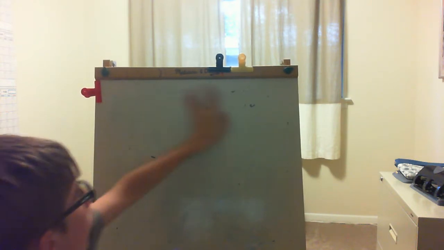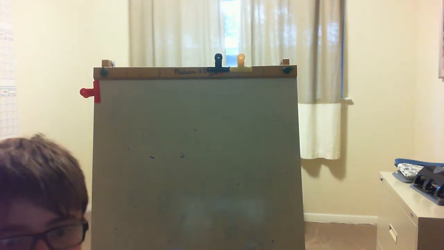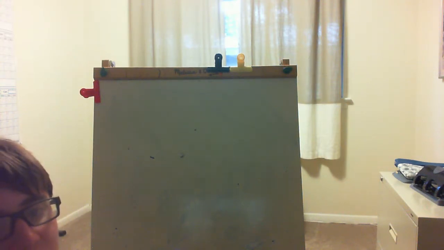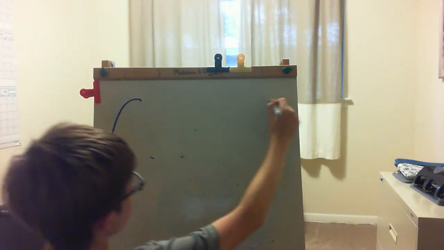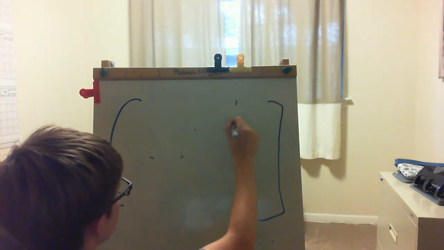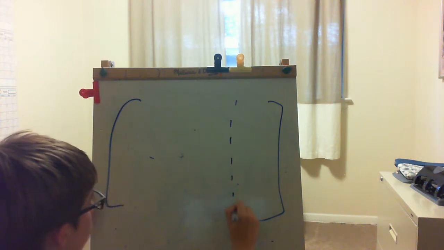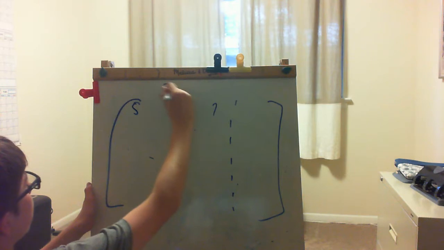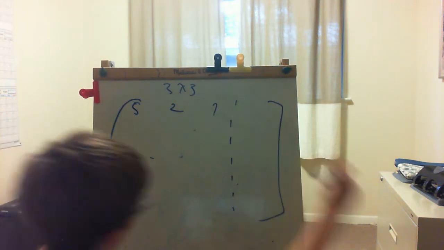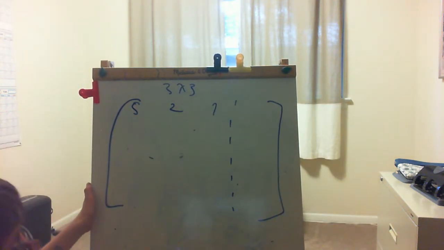So what this would look like is, let's just pretend that we had the augmented matrix. Five, 2, 1. By the way, this is a 3 by 3, which means there's still a fourth column because it's augmented.